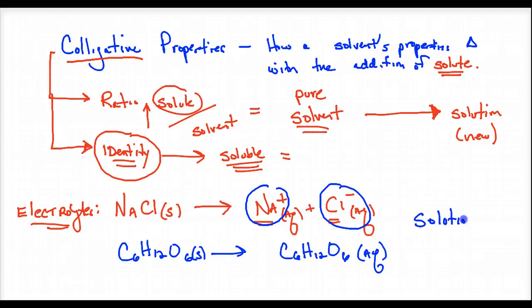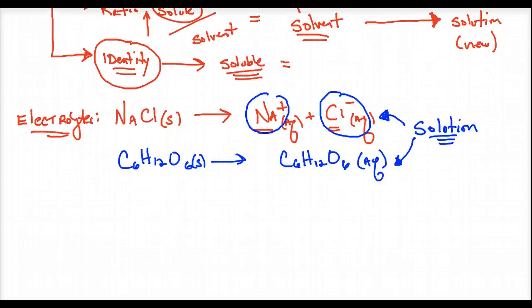We should all know that a solution is when you have a solute dissolved by the solvent, and we denote it with aqueous. An aqueous solution has the water solvent doing the hydration, or solvation as we sometimes say. Of course, a solution is a homogeneous mixture.